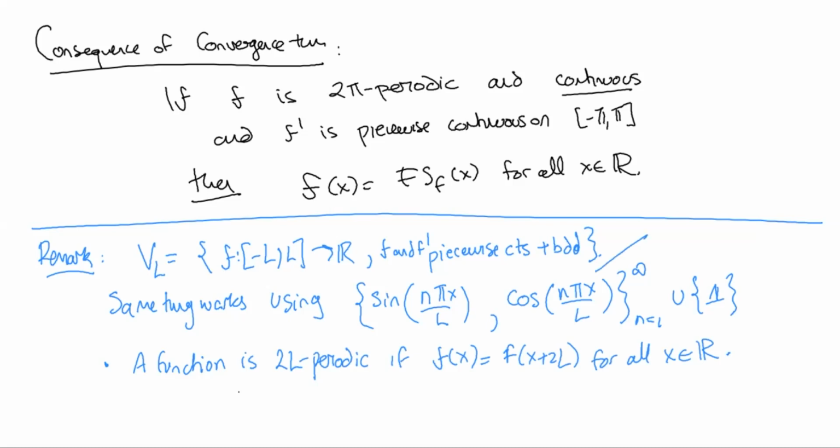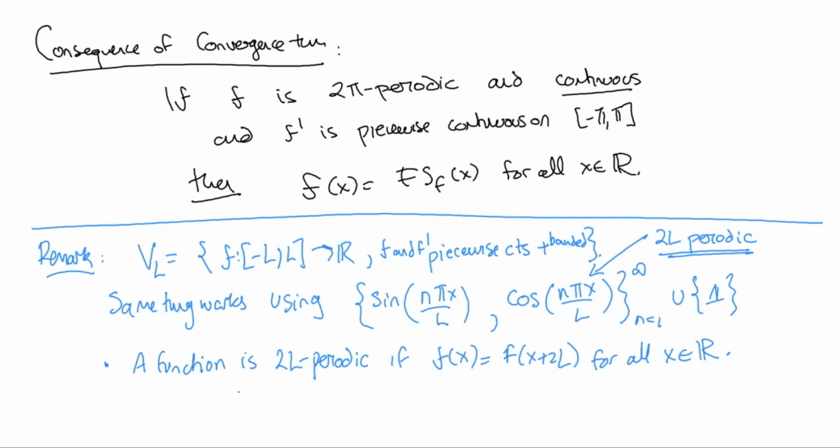So see, these functions now, these are 2L periodic. You can check, right? I just scaled everything by L over pi. Yeah, okay, so I should say this says BDD, which means bounded. So you don't want this thing to go to infinity, otherwise the integrals could diverge or something.